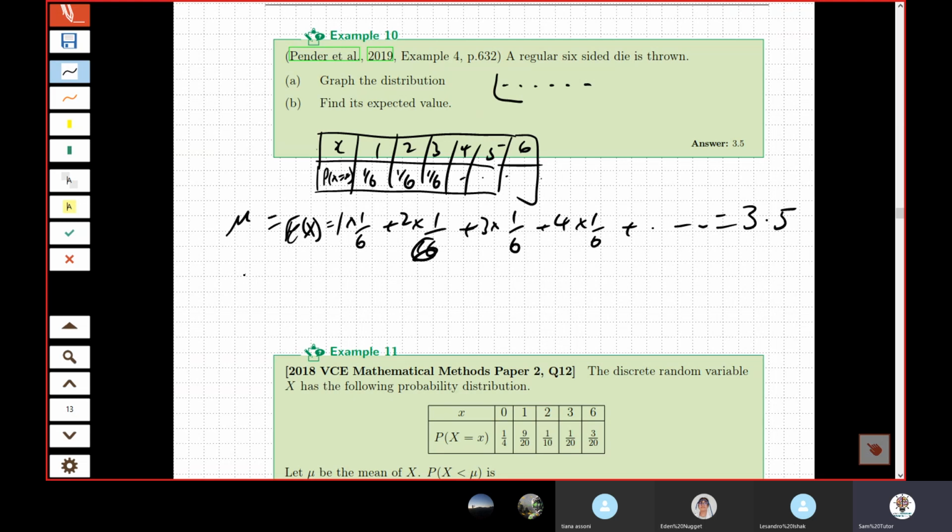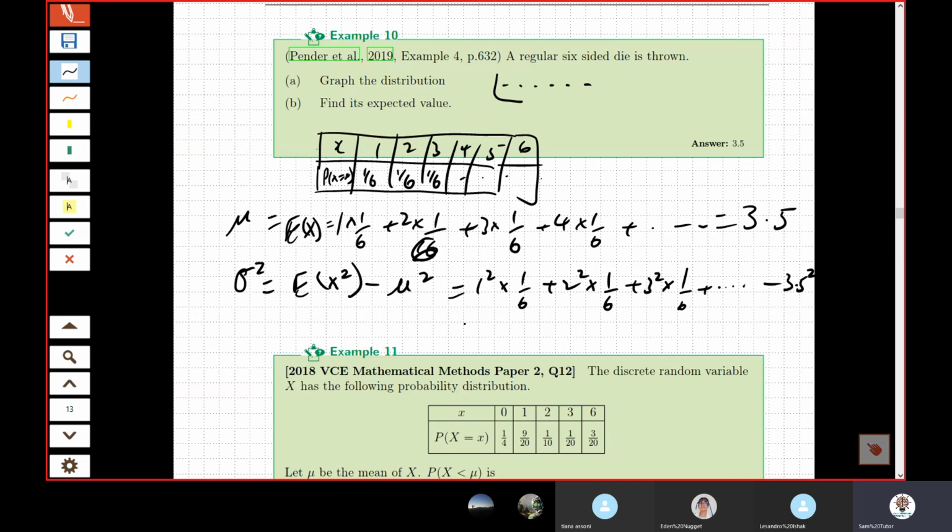Let's do variance. My variance is the E of x squared minus mu squared. So that means 1 squared times 1 on 6 plus 2 squared times 1 on 6 plus 3 squared times 1 on 6, and so on, minus 3.5 squared. And I'm sure the variance should give you 1. Should.